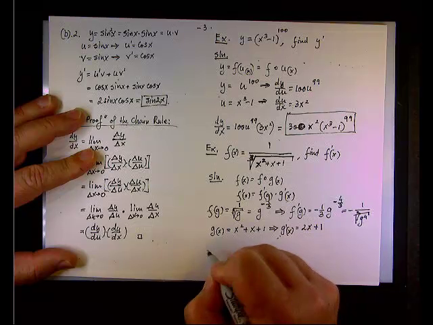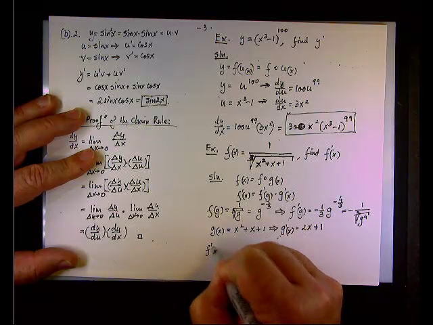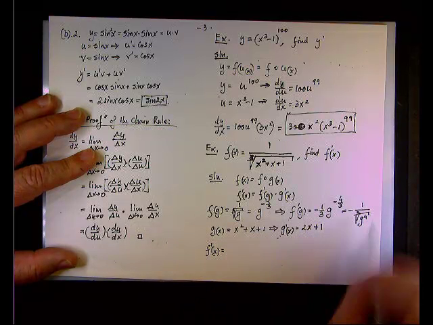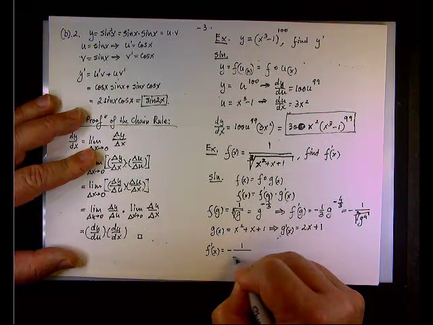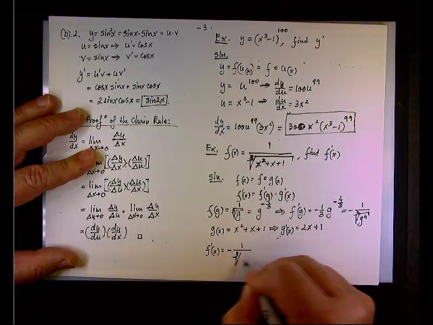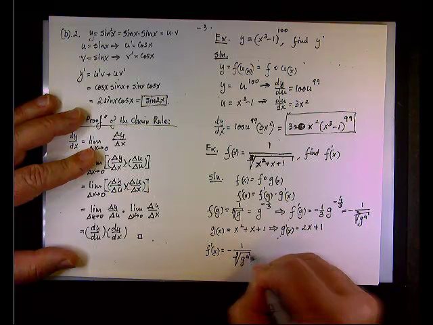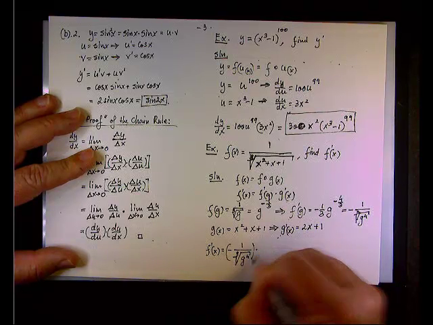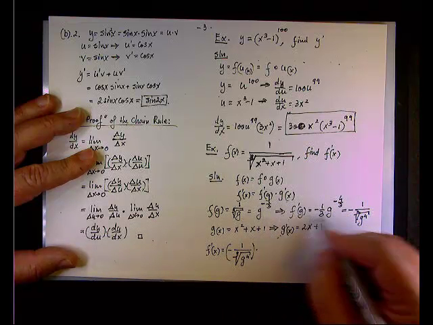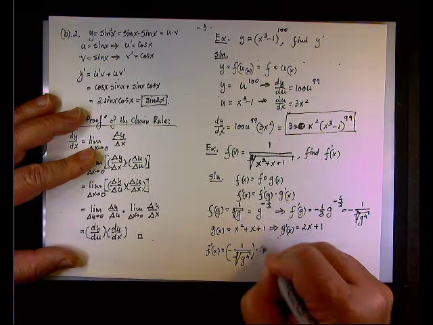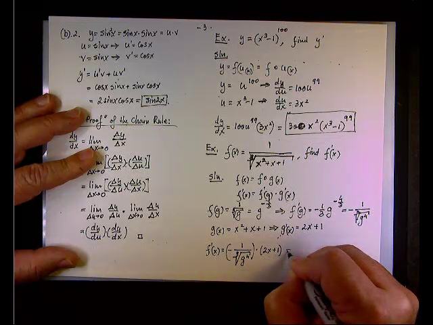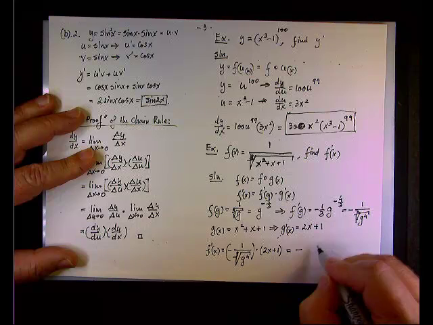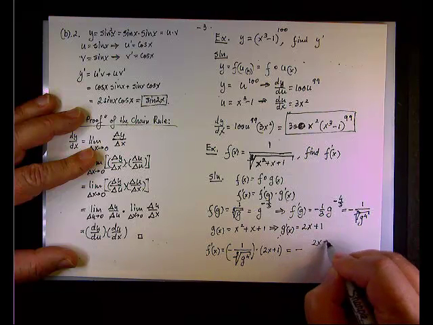So f prime of x will be f prime of g, which is negative 1 over the cube root of g to the 4th, and then g prime of x is 2x plus 1. And now to bring it home, we need to write everything in terms of x.